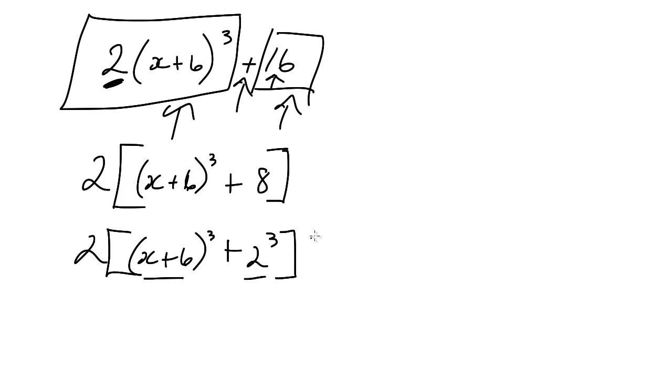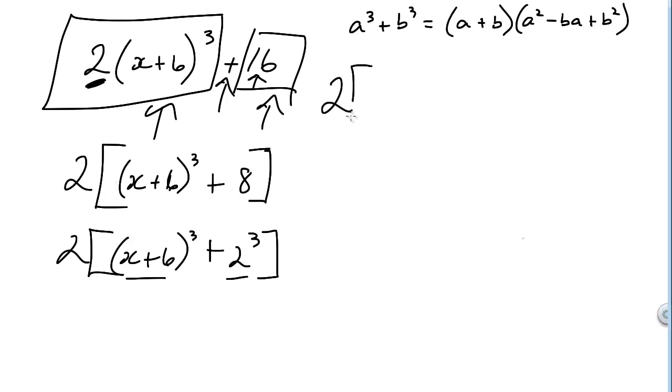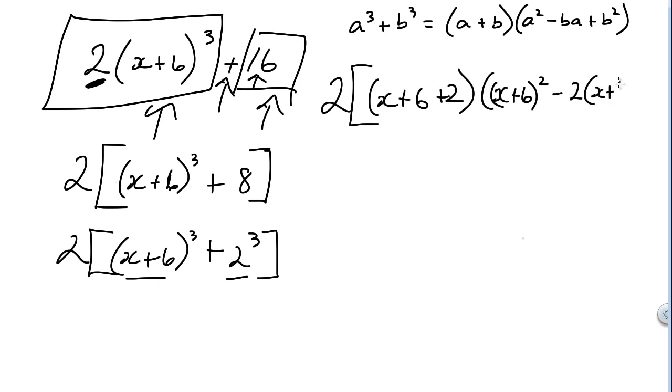If I was to expand that using the formula a cubed plus b cubed equals (a plus b) multiplied by (a squared minus ab plus b squared), I would end up with 2 multiplied by (x plus 6 plus 2) multiplied by ((x plus 6) squared minus 2 multiplied by (x plus 6) plus 2 squared).